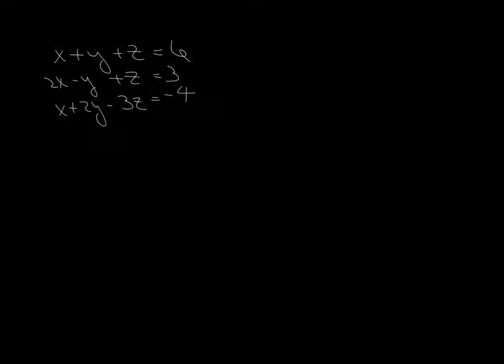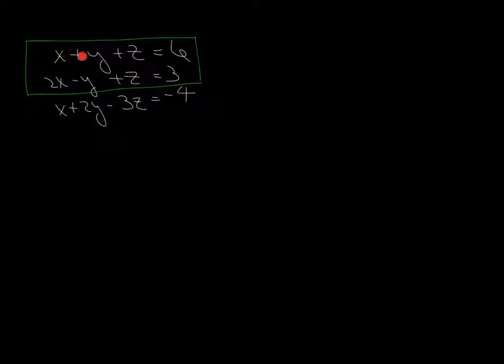So in order to do this, we're going to pick two equations and get rid of one of the variables. In this particular one, let's look at the first two equations, and the reason I picked that is because I can add these two just like we do elimination.